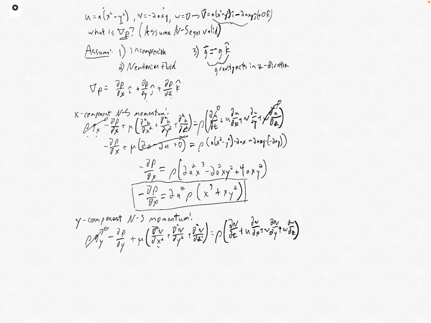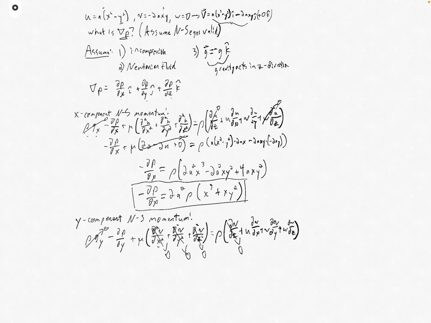If we take the derivative again, this is going to drop out to 0. Similarly, the second derivative of this term with respect to y is also going to be 0. And there is no z dependence, so the first derivative of v with respect to z is 0. And so the second derivative is as well. Then on the right-hand side, dv dt, we have no t dependence, so that's equal to 0.